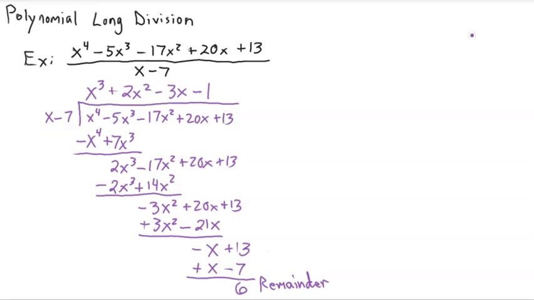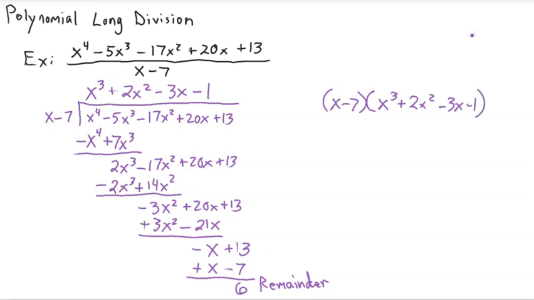And this is our quotient, and this is our divisor. And so what we do is we can take these three parts, the divisor and the quotient and the remainder, and we put them in a form. It looks like this. We'll write our x minus 7 as a factor multiplied by our divisor, x cubed plus 2x squared minus 3x minus 1.